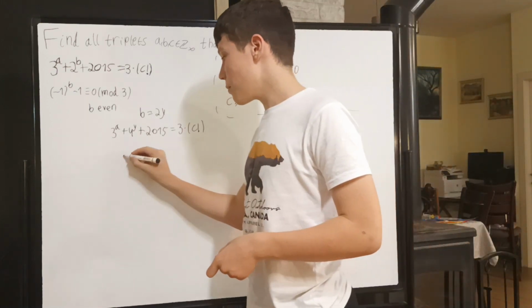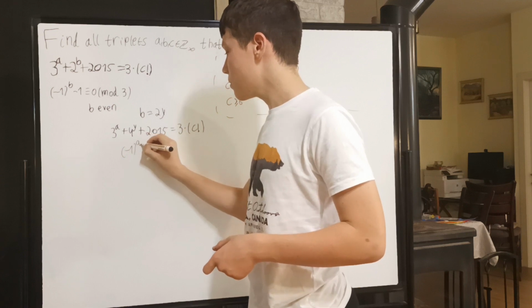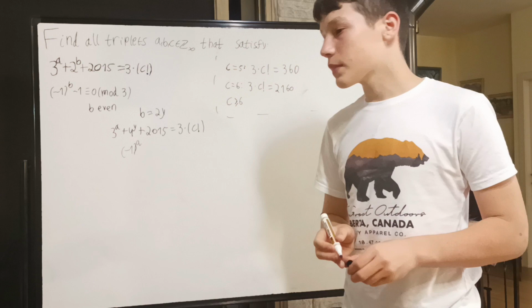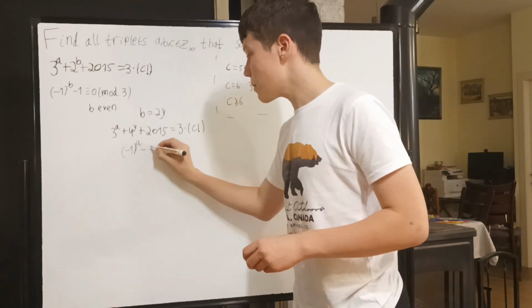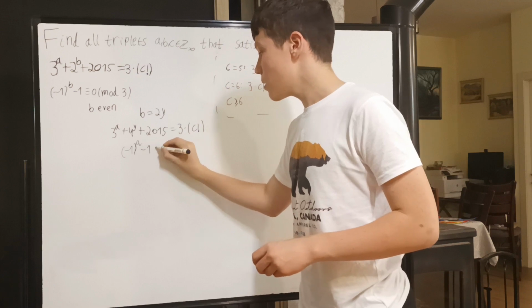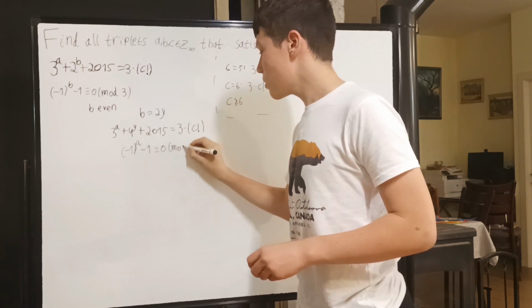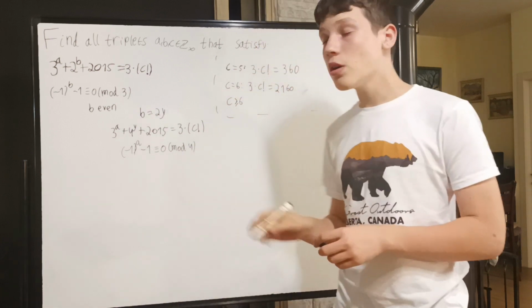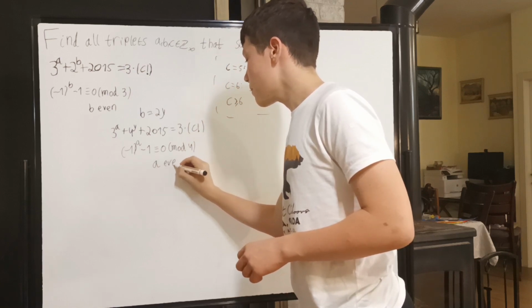And so I'll get then mod 4 negative 1 to the A, which is 3 to the A. 2015 is negative 1 mod 4. So this is minus 1, is congruent to 0 mod 4. So negative 1 to the A is 1 mod 4, which means that A is even.